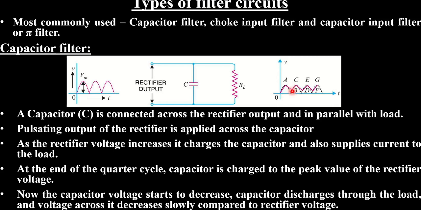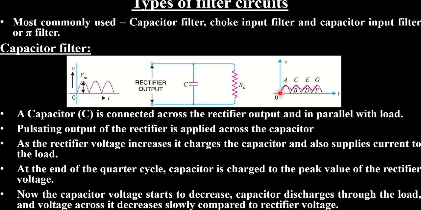Now again the next peak comes, the output voltage of the rectifier starts to increase, so it again starts to charge the capacitor, and the voltage across the load starts to increase.